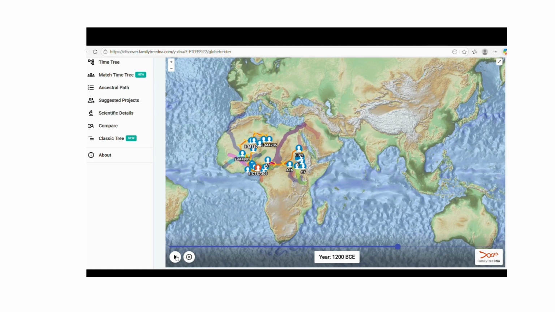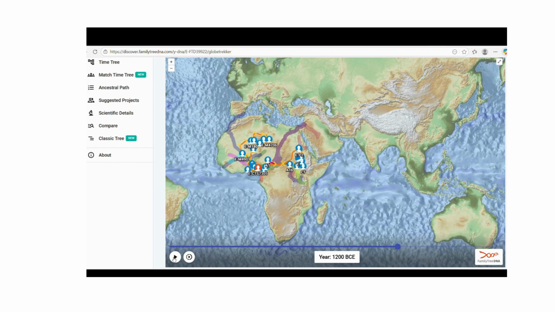I'll show a modern map on the next slide for comparison. But this is clear evidence that the migration that's called the Exodus was partaken of by people with E1B1A haplogroup.